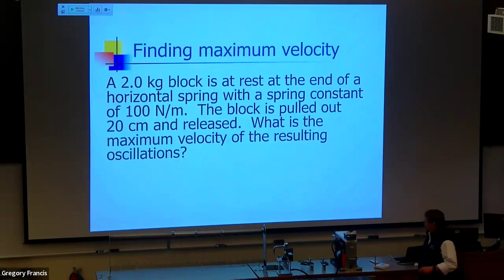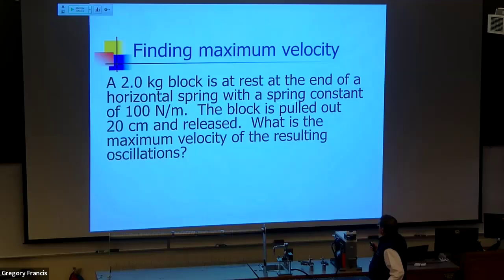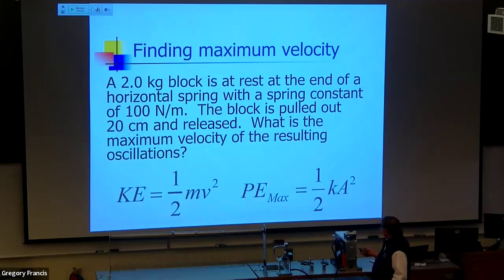Okay, let's try this problem. We've got a 2 kilogram block. It's at rest at the end of a horizontal spring with a spring constant of 100 newtons per meter. The block is pulled out 20 centimeters and released. What is the maximum velocity of the resulting oscillations? Okay, and again, we've got these formulas.